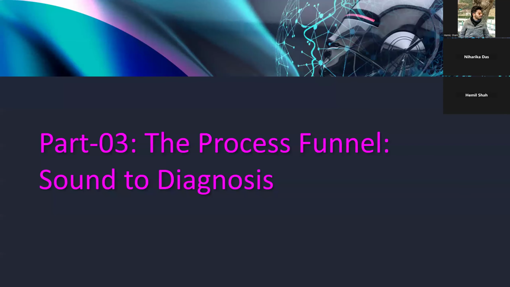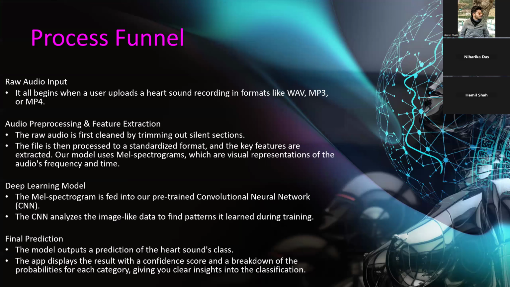Then let's move into the process funnel. Our system follows a straightforward pipeline. First, the user uploads a heart sound recording such as a WAV, MP3 or MP4 file. Then our model cleans the signal, applies a bandpass filter, and extracts MFCC features which capture the unique sound pattern.